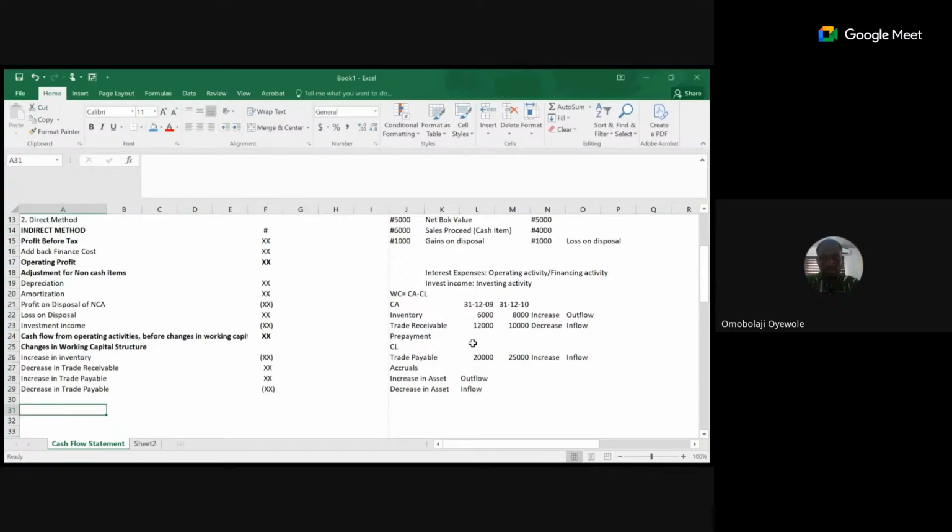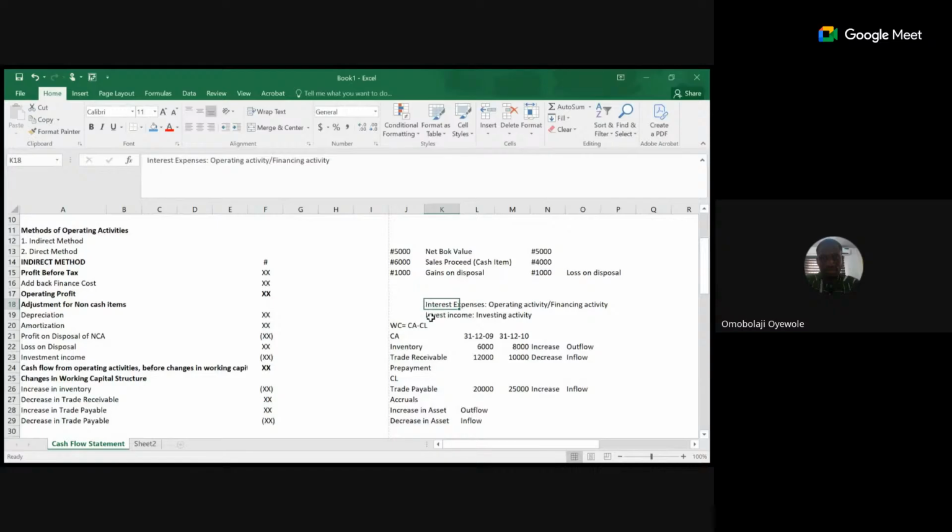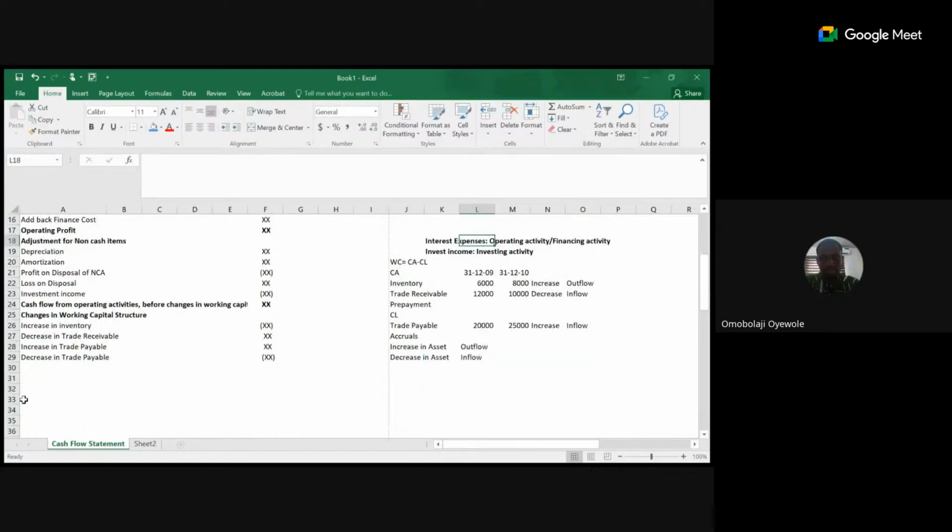Remember, I talked about interest expenses and investment income. I said interest expenses can be treated as either an operating activity or a financing activity. But most times, if we go through the facts in their solution, you would always see interest expenses treated as operating activity, so that we can be guided.